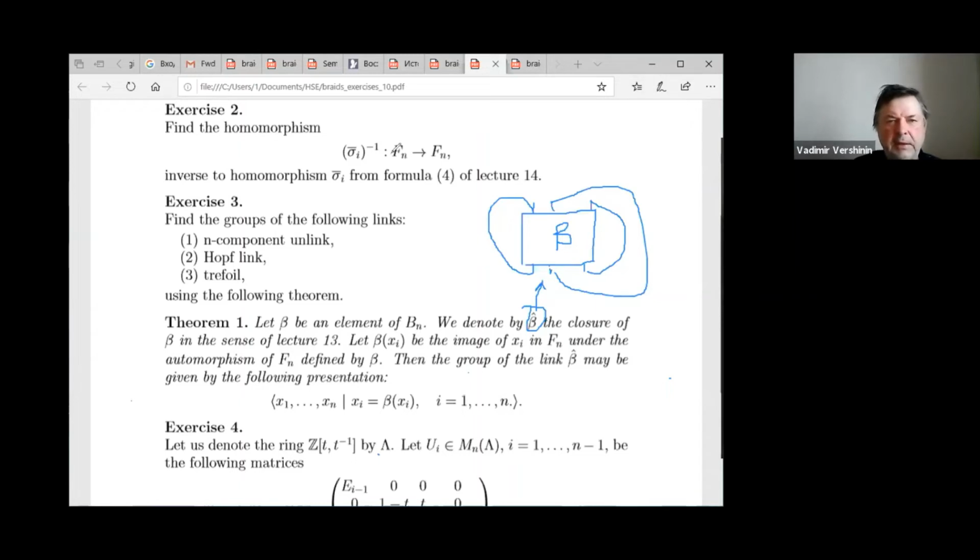This is a link. And now we want to calculate its fundamental group.